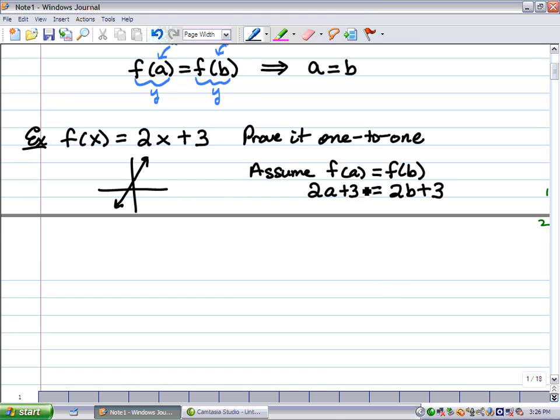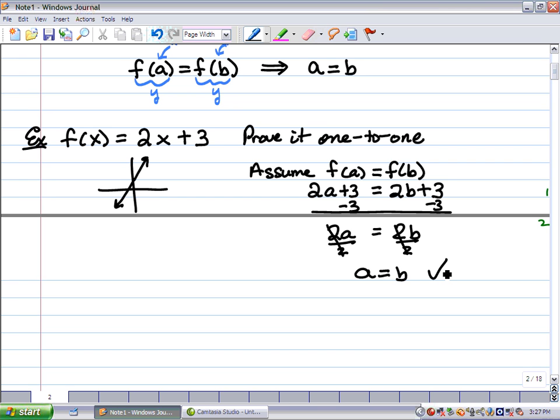We're going to use the regular rules of algebra, which tell us we can subtract 3 from both sides, leaving us with 2a equals 2b. And then next, what can we do? We can divide both sides by 2, giving us a equals b. Therefore, we have just proven that f of x equals 2x plus 3 is one-to-one.